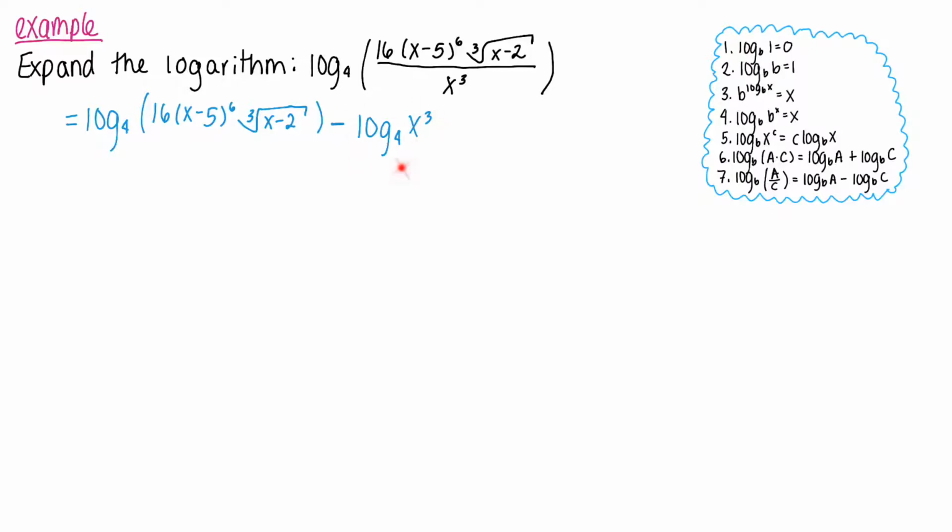I'll worry about bringing his exponent down in a minute. I want to break up this guy here, and there's actually a chain of 3 things being multiplied. 16 is being multiplied by x minus 5 to the 6th. It's also being multiplied by this cubed root. This cubed root we need to rewrite as an exponent.